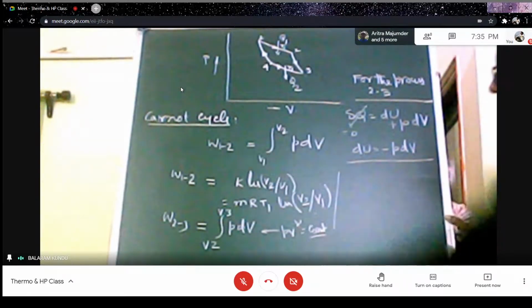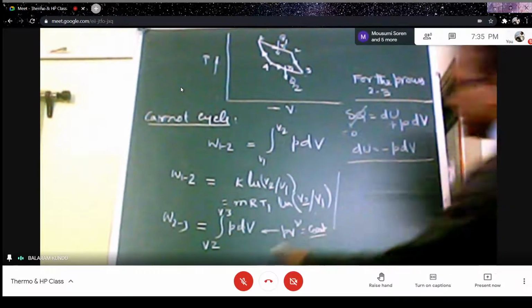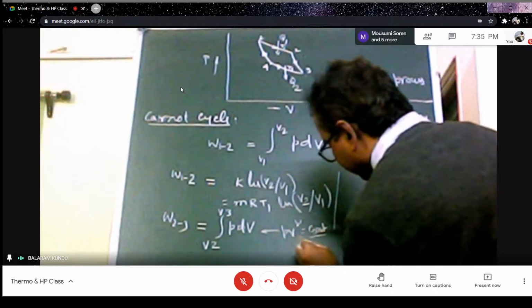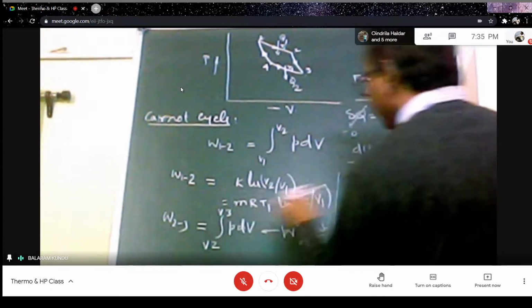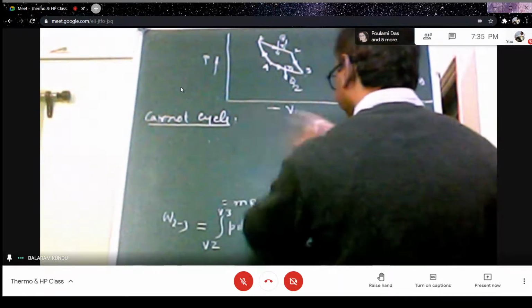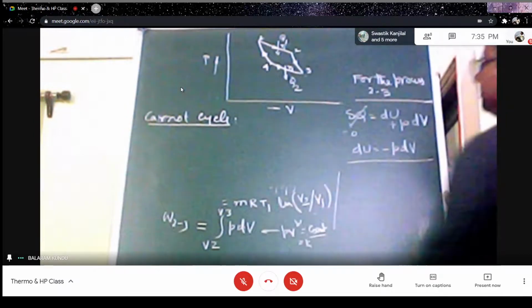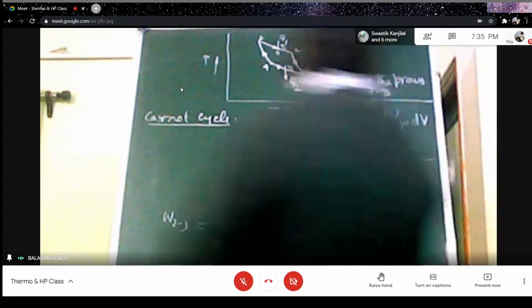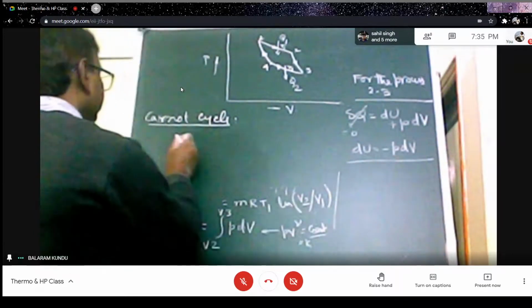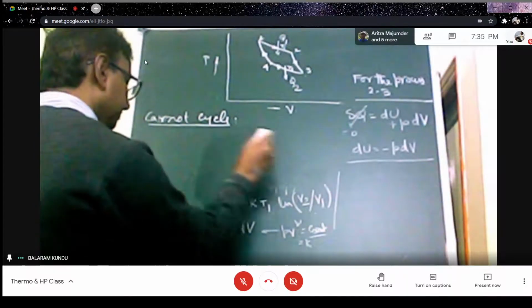If you consider this V to the power gamma equal to constant, and that constant equal to, say, K here, it is possible to integrate that part.